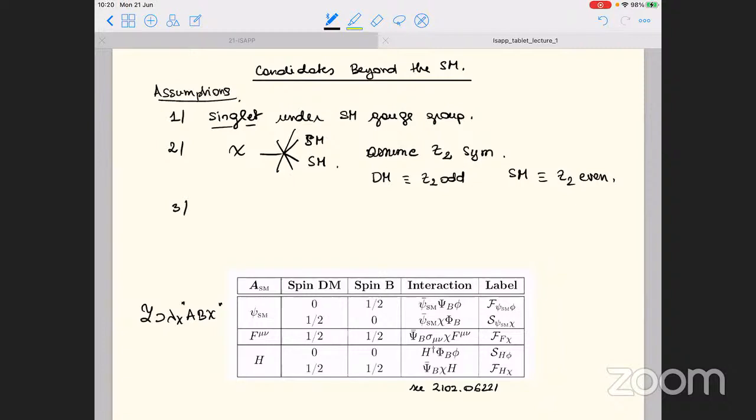So if I want to go a little bit beyond the vanilla WIMP, I would like to have a little bit more particles in the odd sector of this Z2 symmetry. And in order to stay minimal, I'm going to assume that there is at least one partner of dark matter that is Z2 odd.